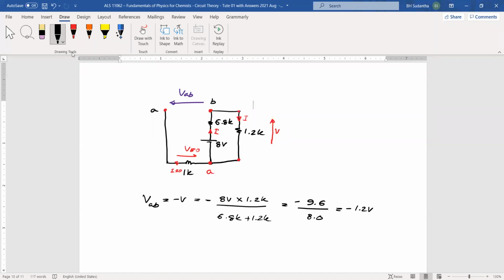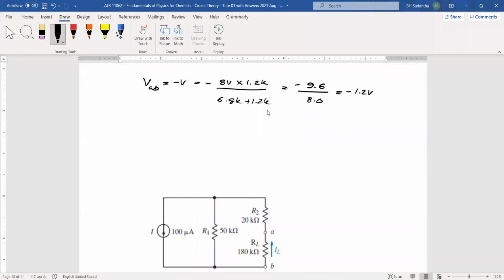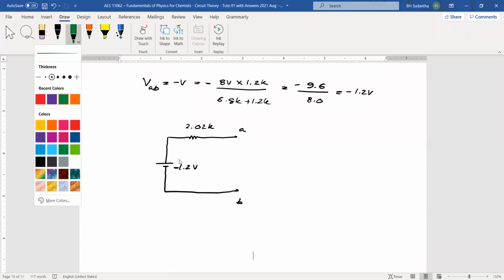Okay, now we can draw the Thevenin equivalent circuit. This one resistance is 2.02K. B, this is minus 1.2 volts. We can introduce our removed component here.